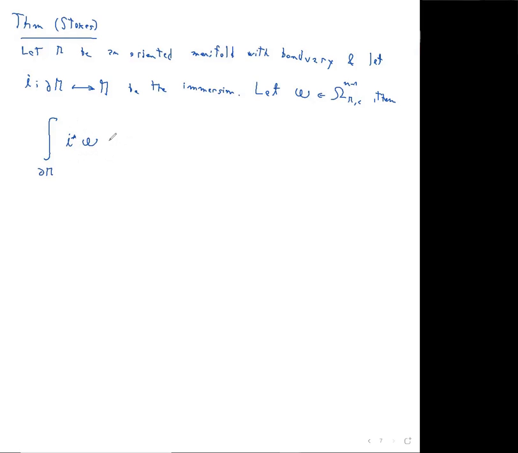That's really what this is. This is equal to the integral over M of the differential of omega.